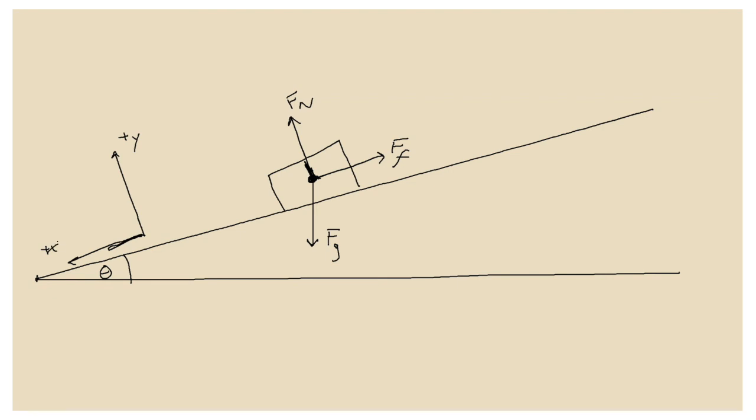And so notice here, it is true that the normal force and the friction force act completely along those axes. The friction force acts in the negative x direction, the normal force acts in the positive y direction. The weight is the only force that doesn't act in either direction.